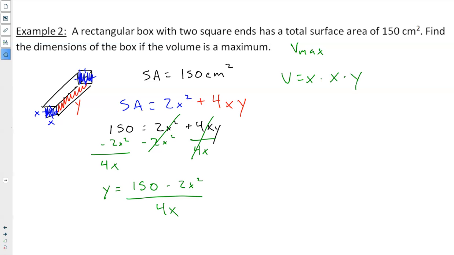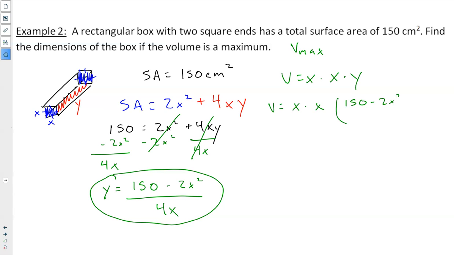And we have already written our formula in terms of y here. So let's go ahead and substitute that in up here. So volume is equal to x times 150 minus 2x squared divided by 4x.